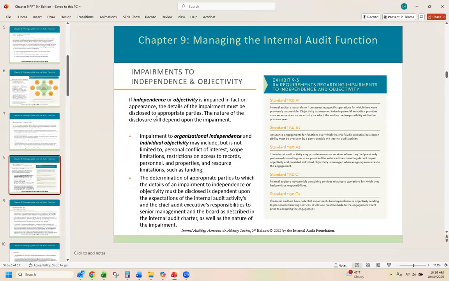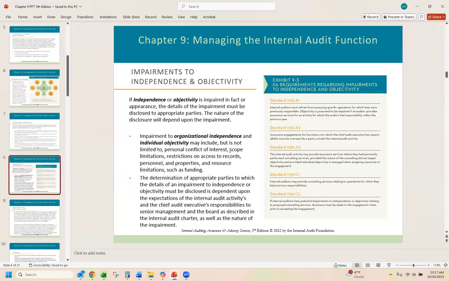Again, here with independence and objectivity, what we're doing is breaking down a couple of things and giving some examples, where we talk about organizational independence, individual objectivity, so personal conflicts of interest.